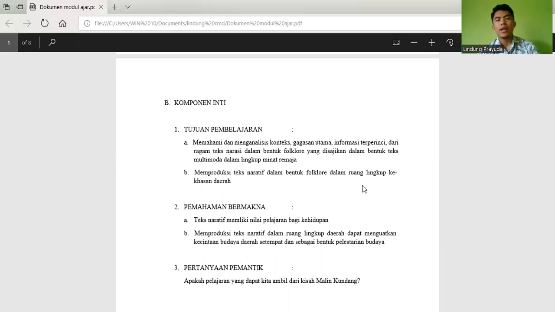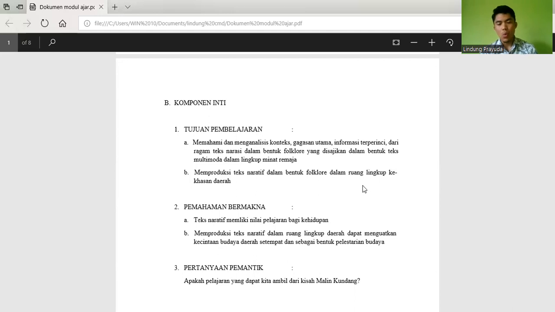Why did I choose this learning purpose? Firstly, I would like them to understand and analyze a narrative text, and then to be able to create a simple narrative text, but in terms of the environment surrounding them.